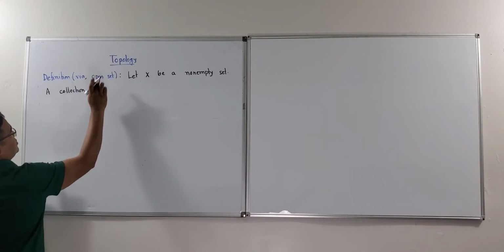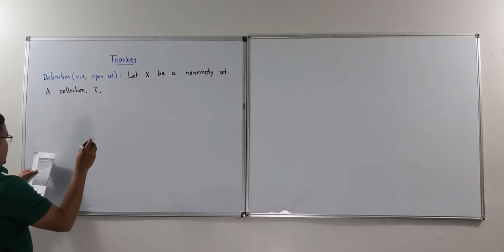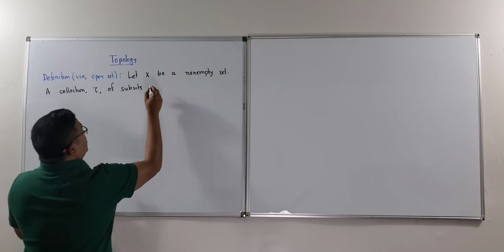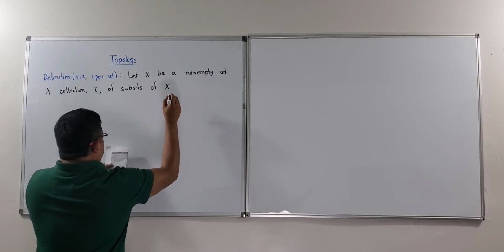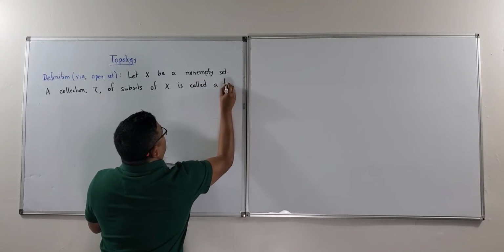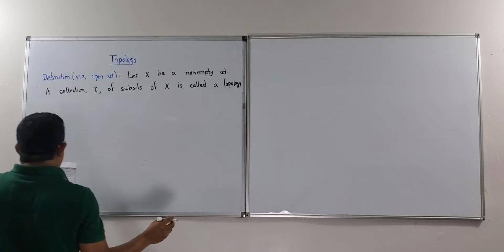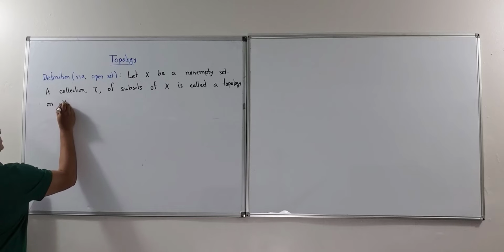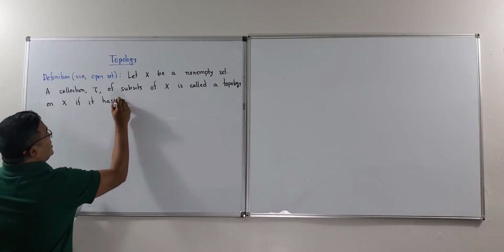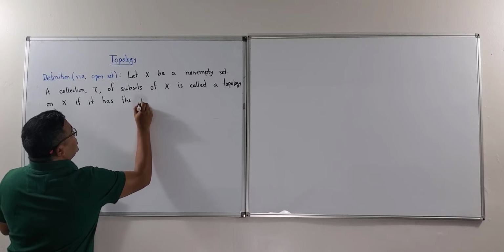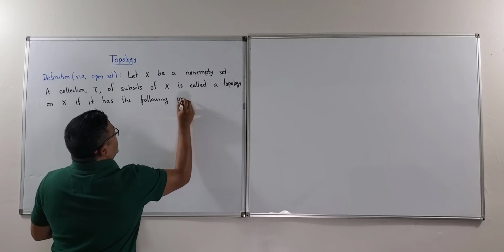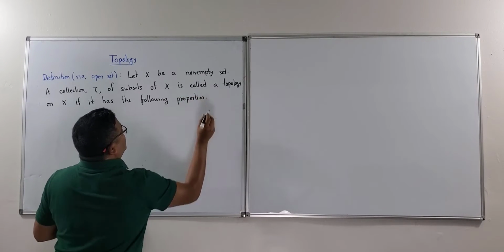So for topology, the first letter is tau, this is the Greek letter T, tau, of subsets of X, of the set X, is called a topology on X if it has the following properties. So it needs to satisfy some properties.